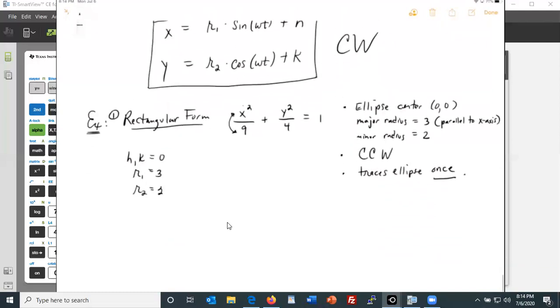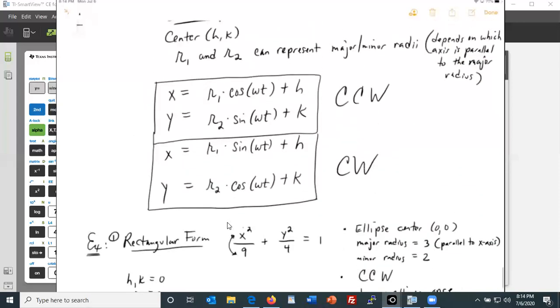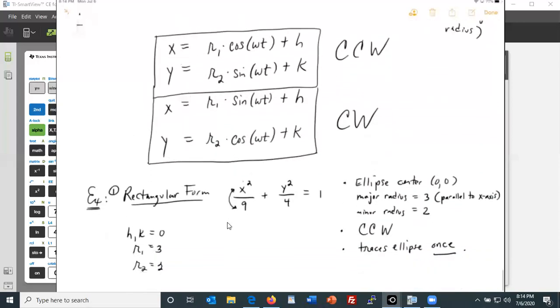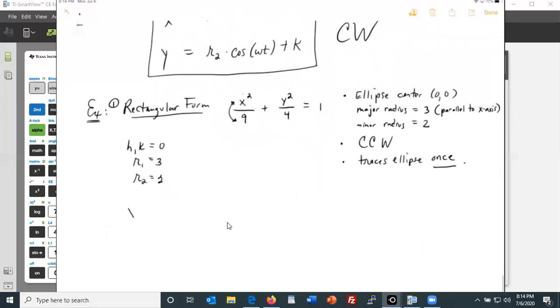So I would use the counterclockwise equations up here in the top box, cosine over sine. So x would equal 3 times the cosine of, since the ellipse is being traced once, your w is 1. So you get 1t, which is t, plus 0. And y would equal 2 times the sine of 1t plus 0, which is simply x equals 3 cosine of t, y equals 2 sine of t.